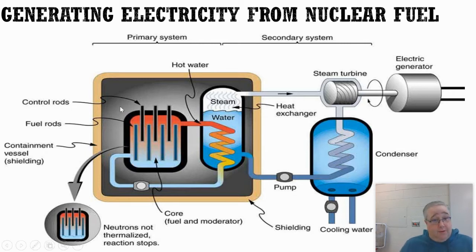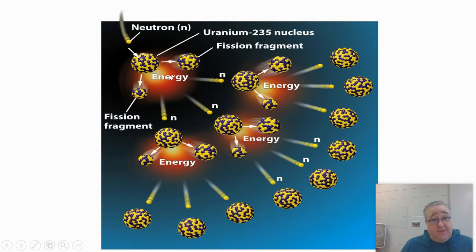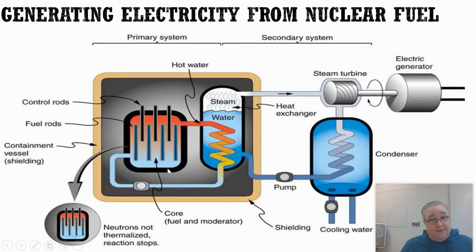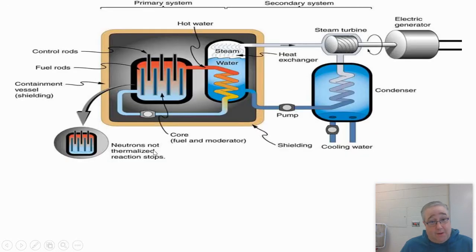So those control rods are put in place to do exactly what it says they do. They are there to control this reaction. Because if it's uncontrolled, then you've got a major problem here. Okay. So that is really, really important.